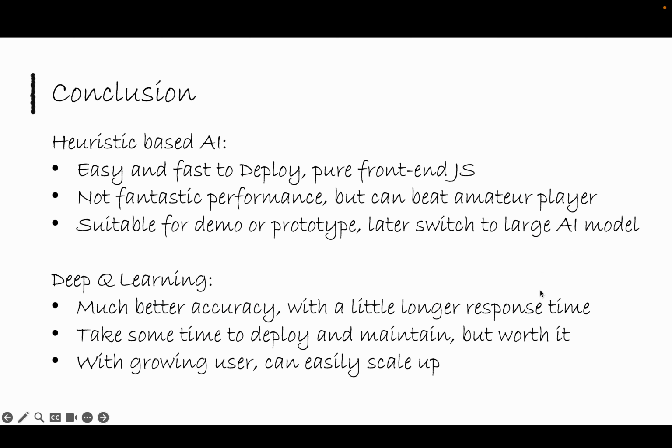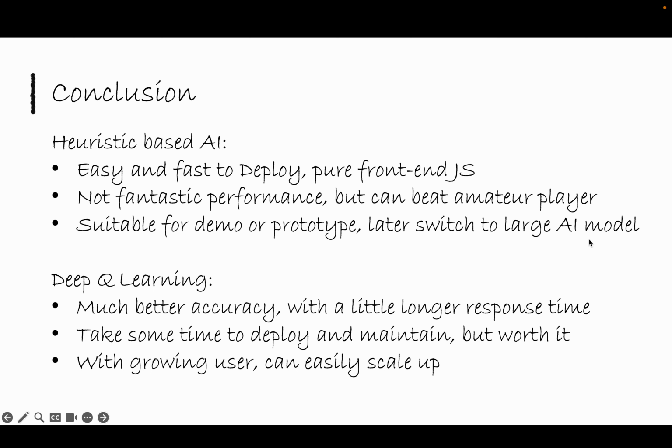So here comes our conclusion. Heuristic-based AI is easy and fast to deploy, as it's pure front-end JS. It doesn't have fantastic performance, but like I said before, it can be an amateur player, and it's suitable for a demo or prototype.